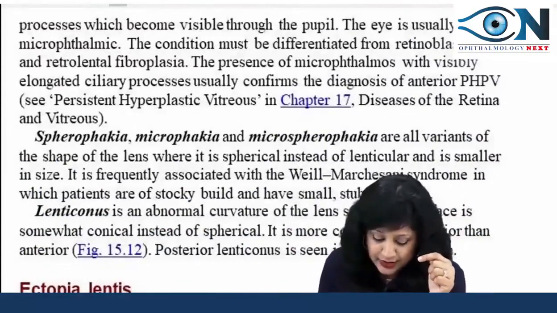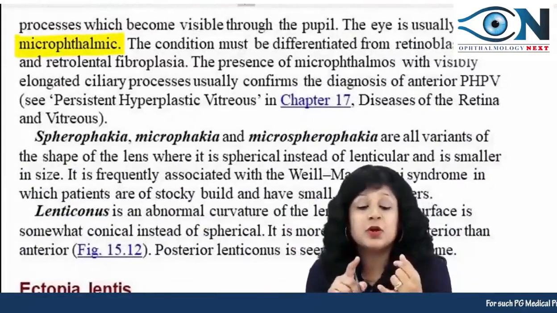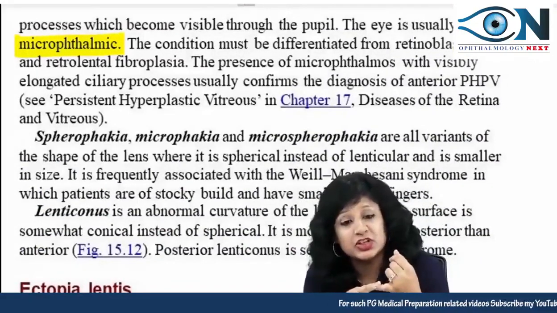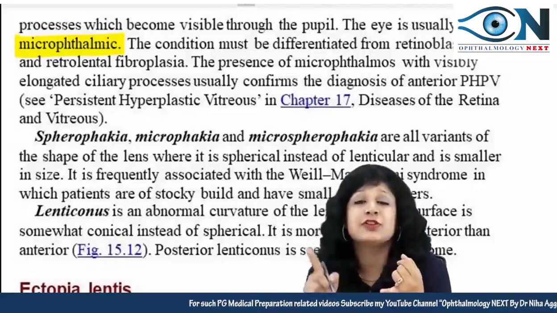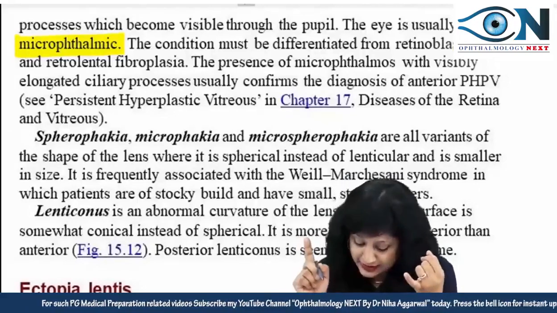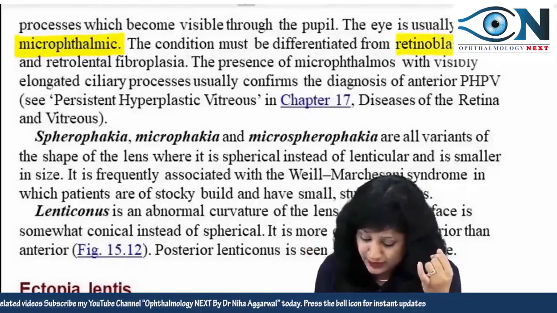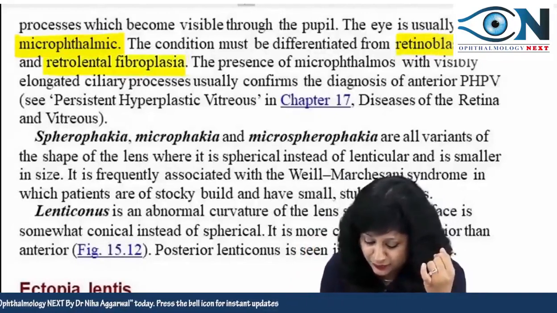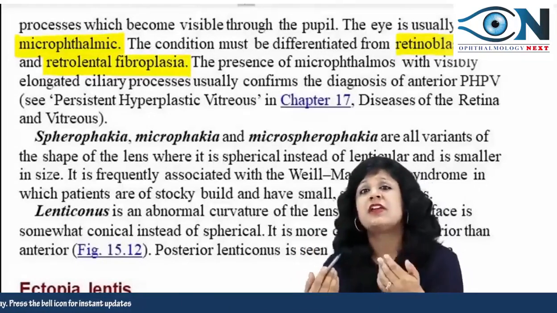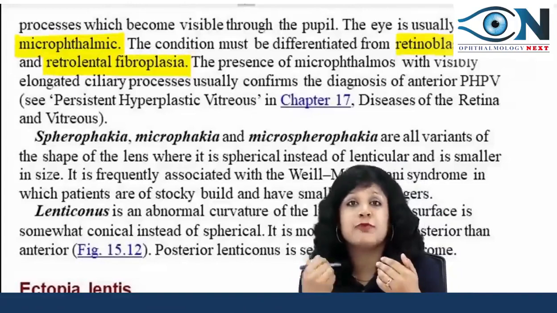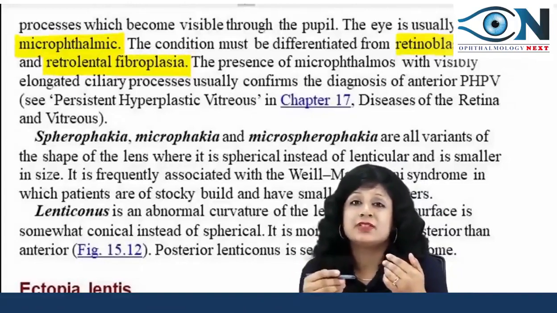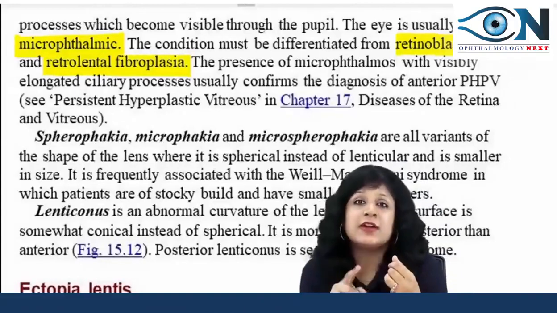Okay, eyes are usually microphthalmic, so it will also come under the DD of microphthalmos. Congenital rubella syndrome also gives you microphthalmos, right? The condition can be differentiated from retinoblastoma and retrolental fibroplasia. Because it is giving a whitish pupillary reflex, as I told you before also, this becomes the DD of retinoblastoma and ROP.